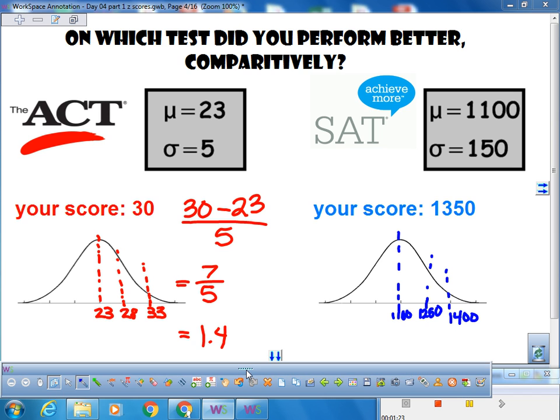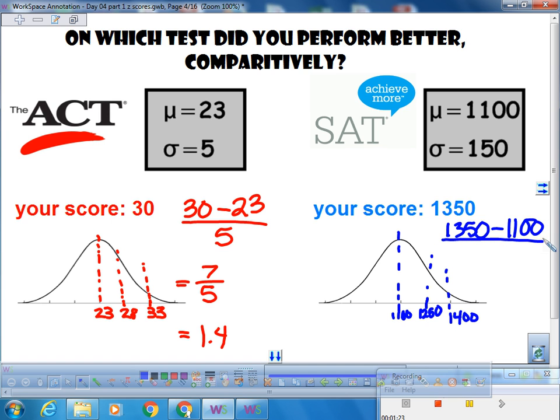All right, so let's look at this one. 1350. We're calculating how far away it is from that mean, and then we're dividing by our standard deviation. So what's 1350 minus 1100? And 250 divided by 150, 1.6.